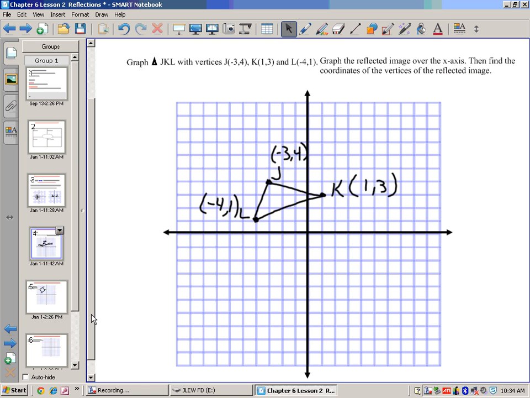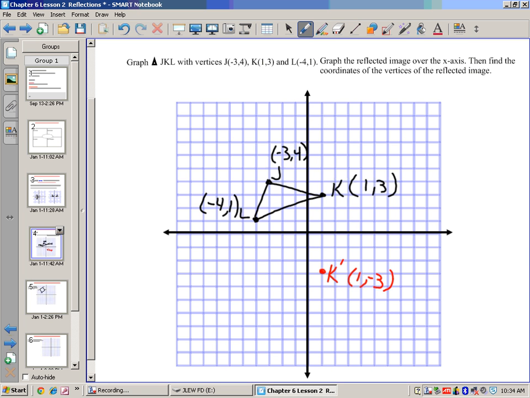K is going to be 1, stays at 1, but then the 3 times the negative, so it becomes a -3. That's our new K prime: 1, -3.